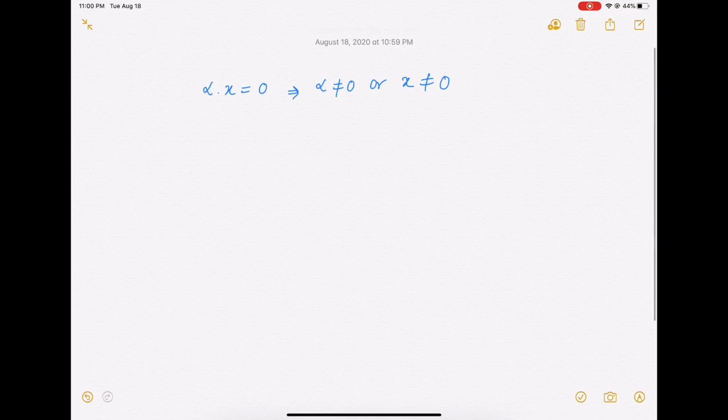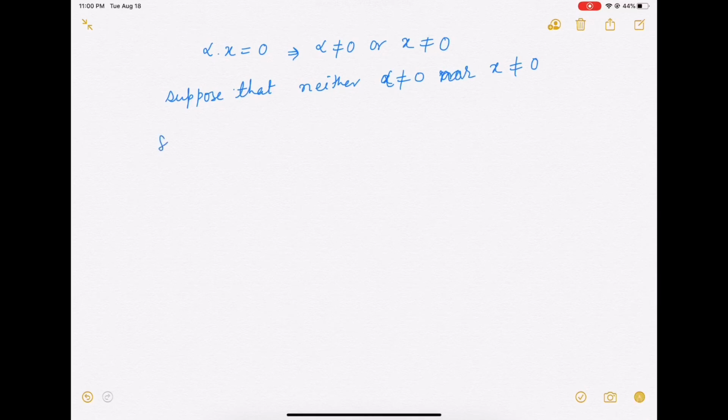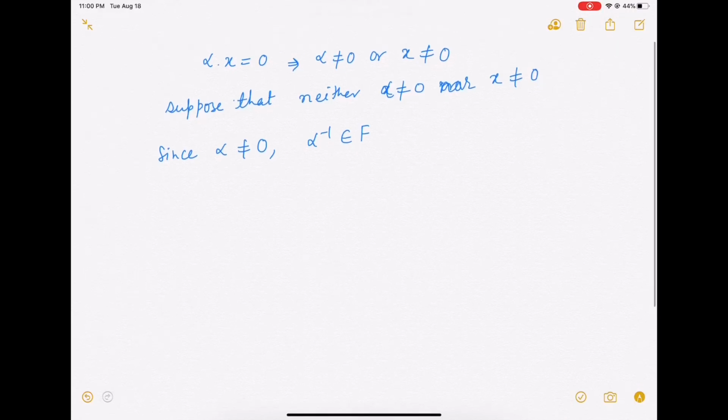On the contrary, suppose that neither alpha equal to 0 nor x equal to 0. So since alpha is not equal to 0, alpha inverse exists in field F.